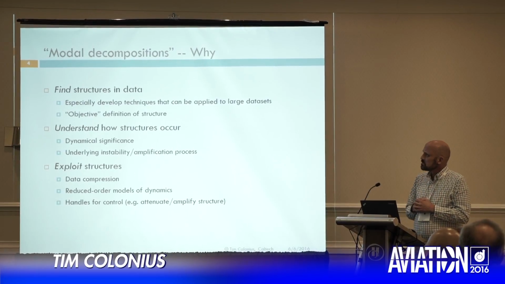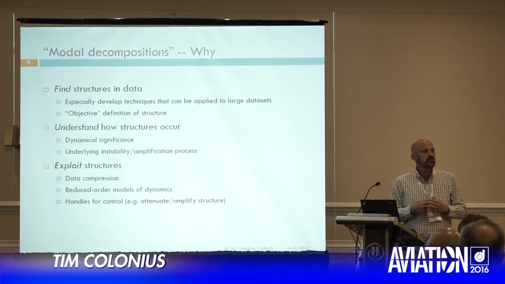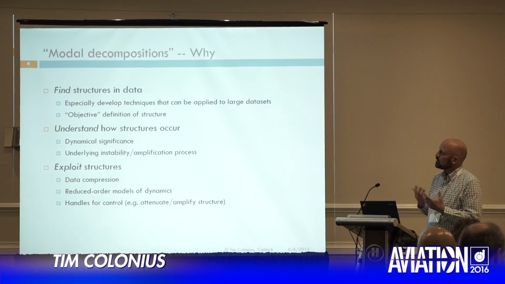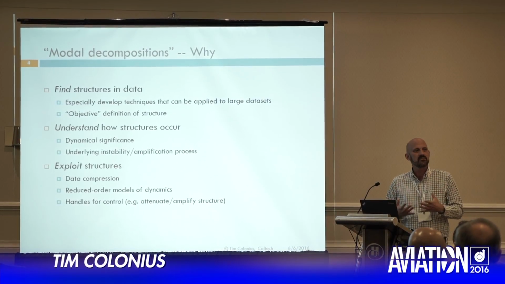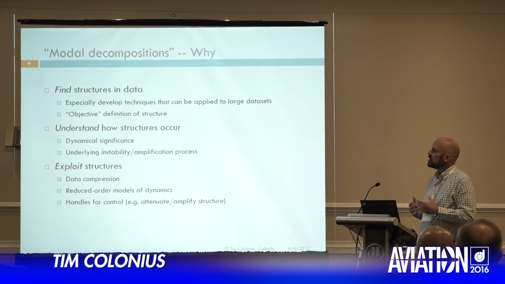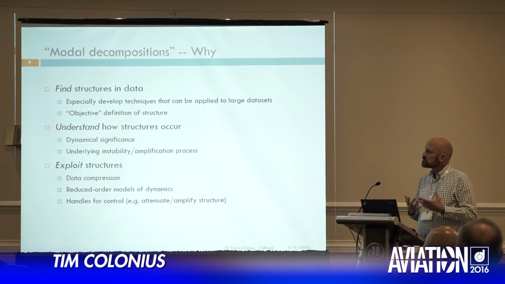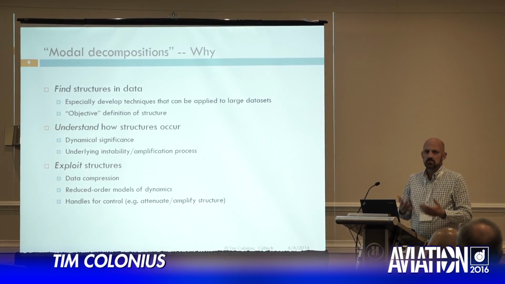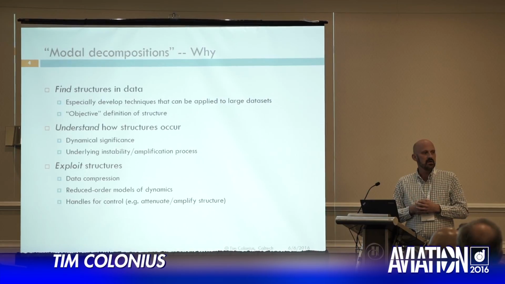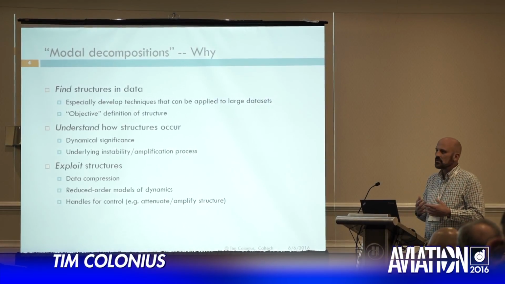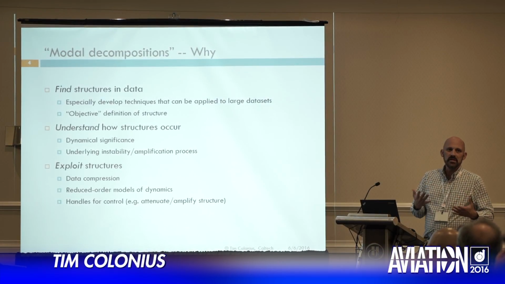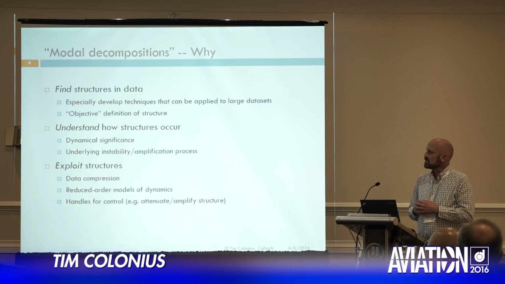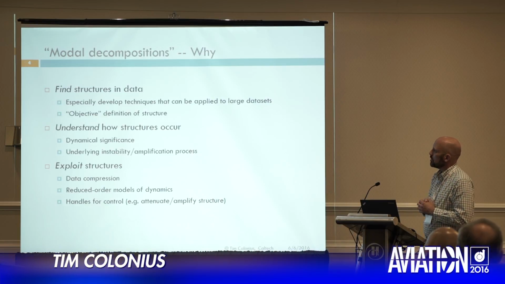So, in terms of modal decompositions, why is that a useful way to think about coherent structures? Well, the modal decomposition is the mathematics, the machinery, the algorithms where we can actually find these structures from data. Particularly when we're dealing with large volumes of data from particle image velocimetry or CFD, we need techniques that can take these large data sets and extract structures from them.